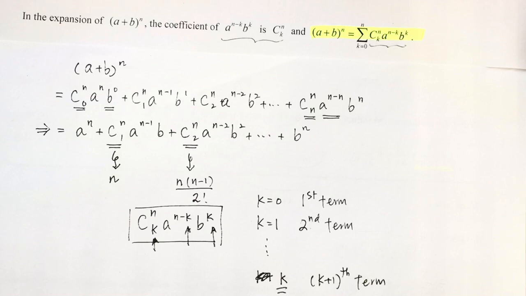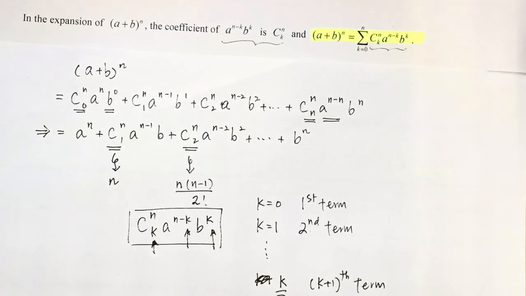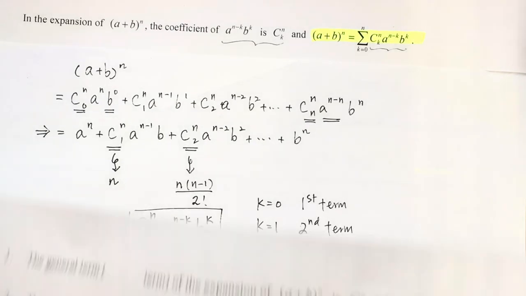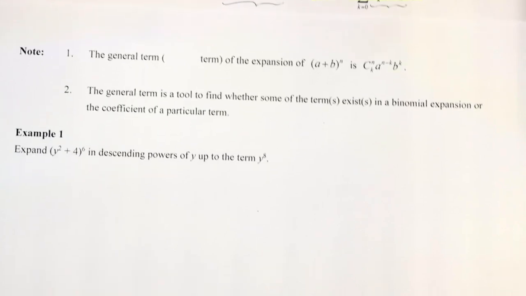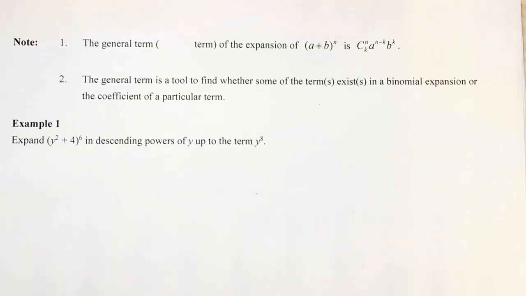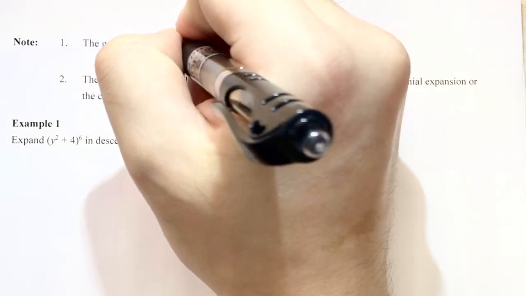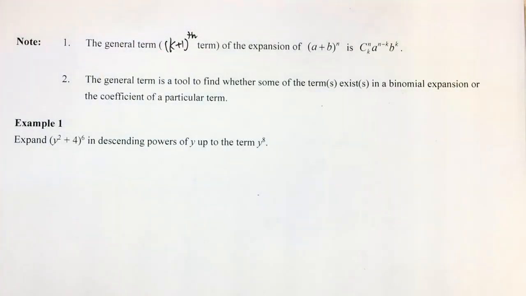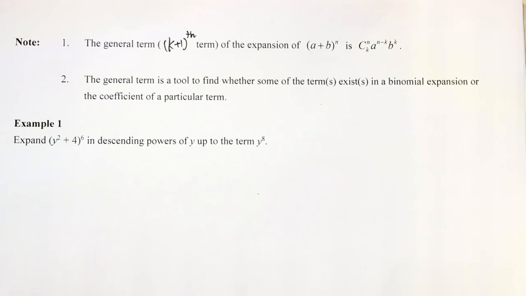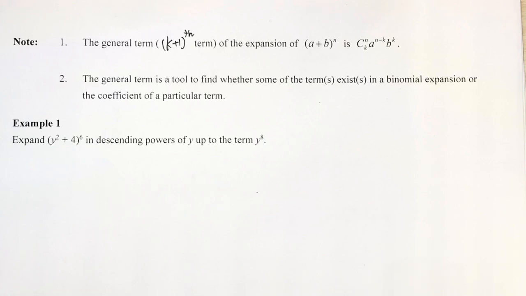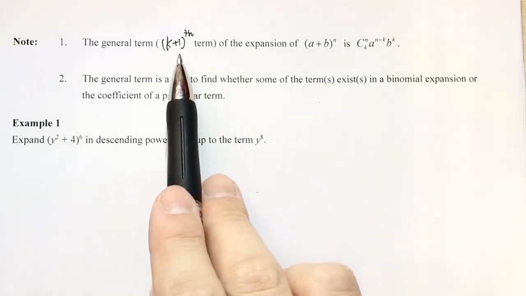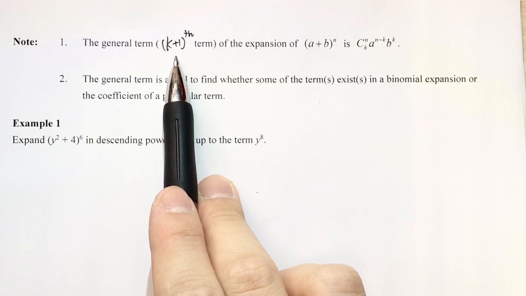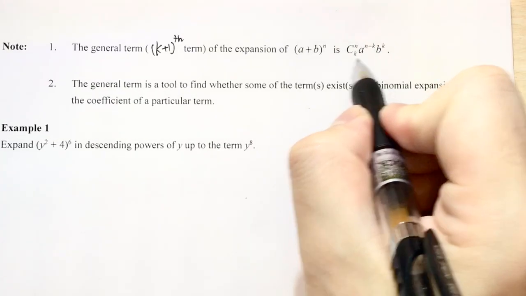So, in general, when we talk about the general term of the binomial expansion, we are usually referring to the k plus 1th term. Or in the textbook, it says the r plus 1th term, not just the kth term. It's a little bit different from what you may think of as the general term. So we always refer to the k plus 1th term as the general term, and the term looks like that.